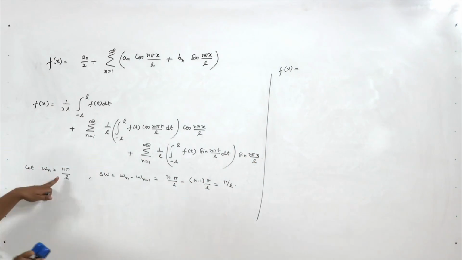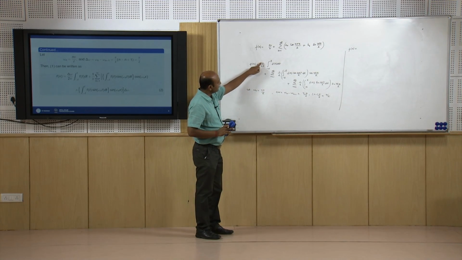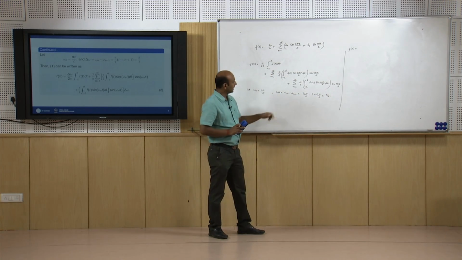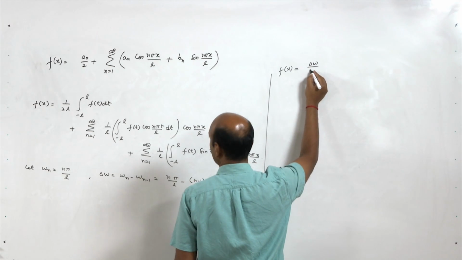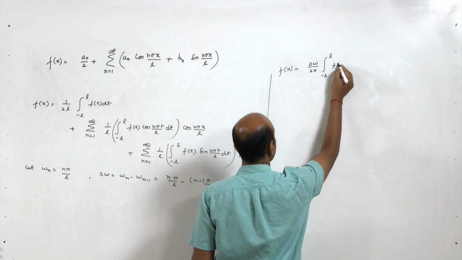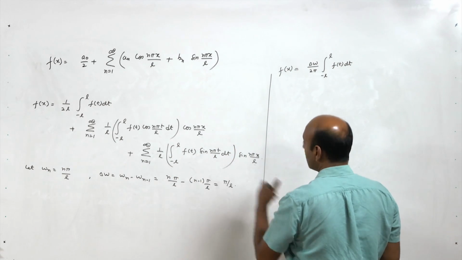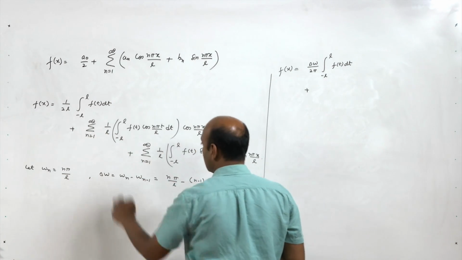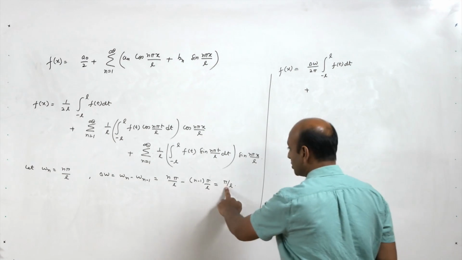So, f(x) will be equal to, now this 1 by L is nothing but delta omega by pi. So, it is delta omega by 2 pi integral minus L to plus L f(t) dt, from this expression. Now, plus, again this 1 by L will be nothing but delta omega upon pi from this expression.